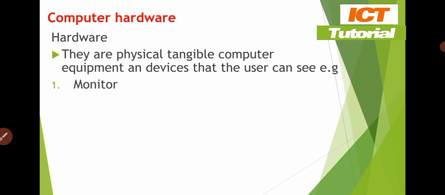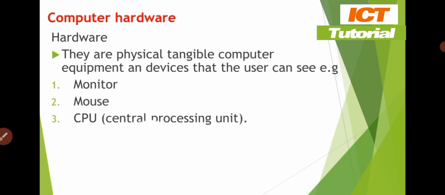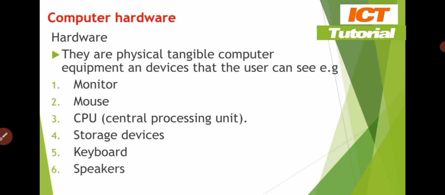You can see it, you can touch it. It's in hard form. 2, we have mouse. 3, we have CPU, the central processing unit. 4, we have storage devices. 5, we have keyboard. 6, we have speakers. 7, we have printers. So those are the examples of hardware.